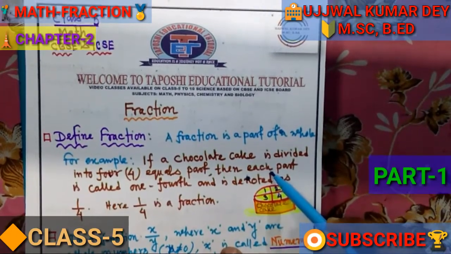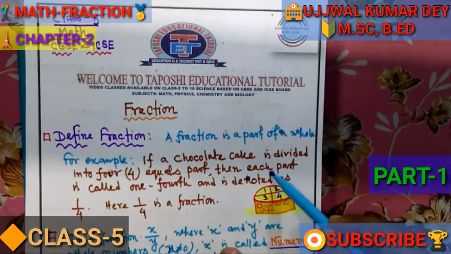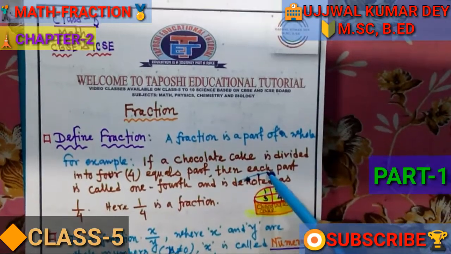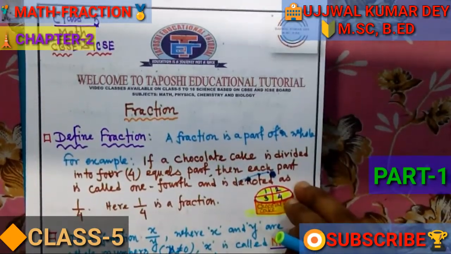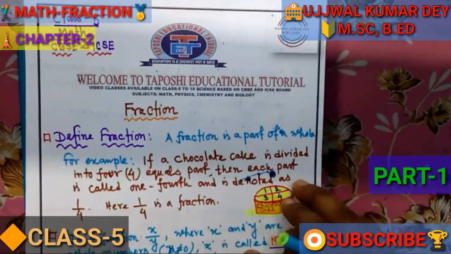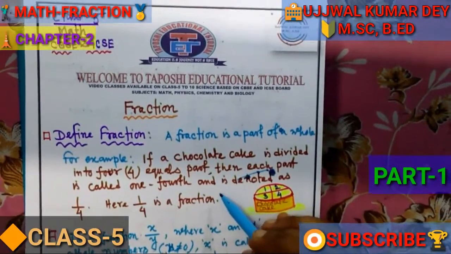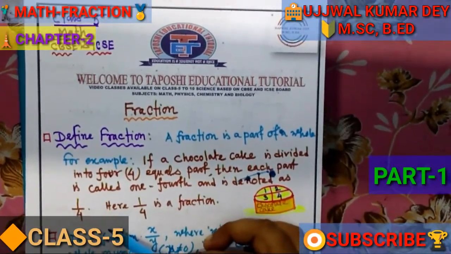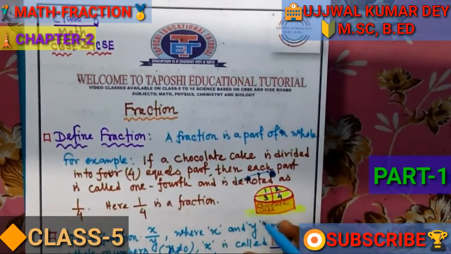So if I define it, a fraction is a part of a whole. For example, if a chocolate cake is divided into 4 equal parts, then each part is called 1/4 and is denoted as 1/4. Here 1/4 is a fraction.